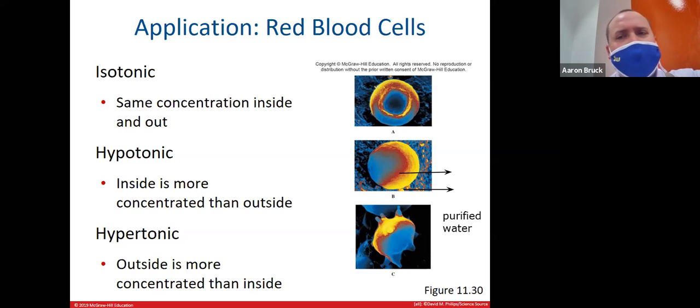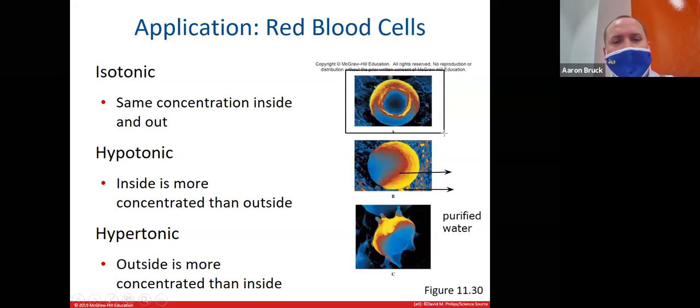Let me look at one particular type of cell, your red blood cells. Now, a red blood cell is supposed to look like this first panel. It's supposed to have a kind of a divot in it. That's what normal red blood cells look like.